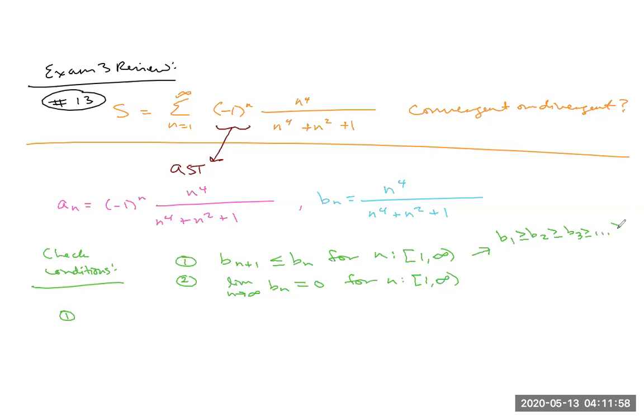And technically, you want all those to be greater than or equal to 0. That's the condition you don't have to specifically write in. But think of this as B of n right here, and this would be B sub n plus 1. So it's just saying that our terms are decreasing in size.